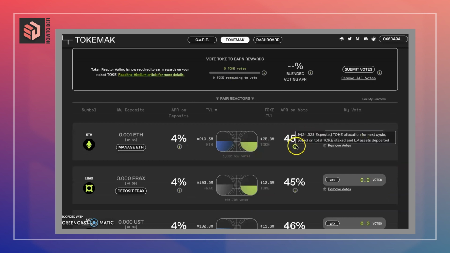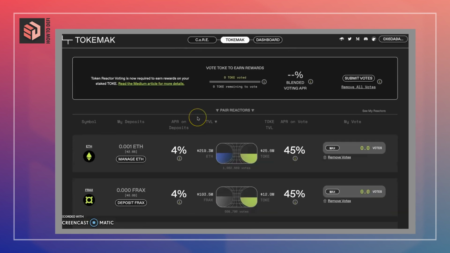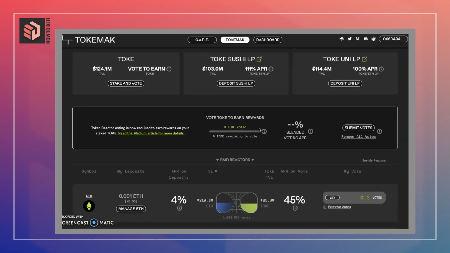Now we see that you can get 45% APR on your deposits if you stake your tokens and then use them to vote on how this liquidity should be directed. Let's do that.